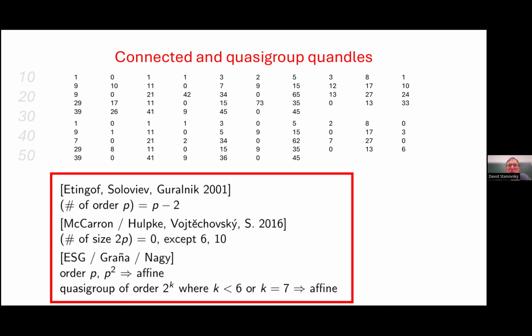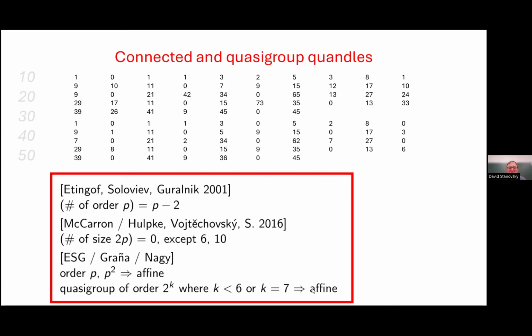Also in the table for Latin quandles, for quasi-group quandles, you can observe that there are apparently none of order 2k. For instance, there is 0 here at 32 somewhere. Sorry, it's not true.